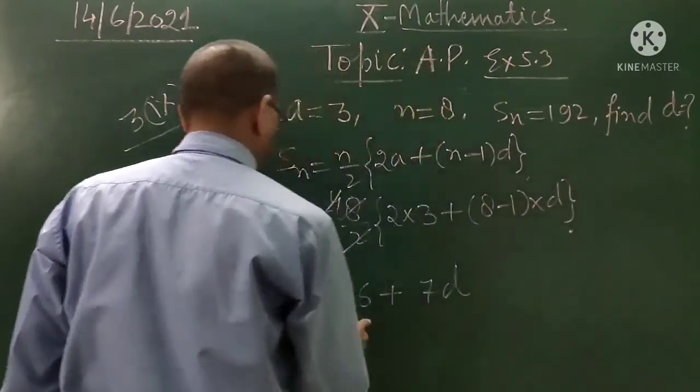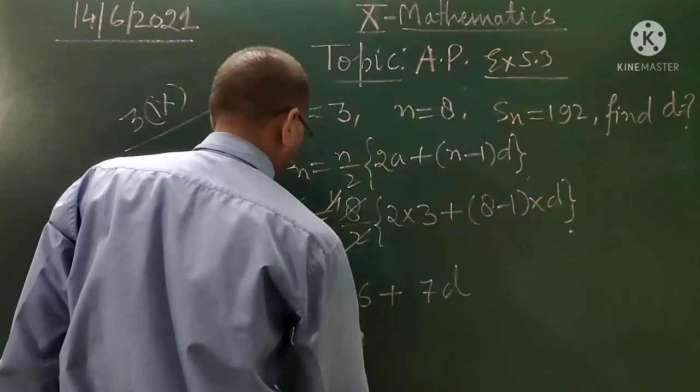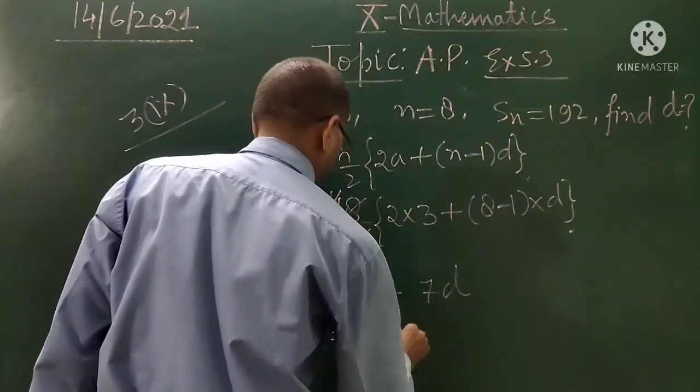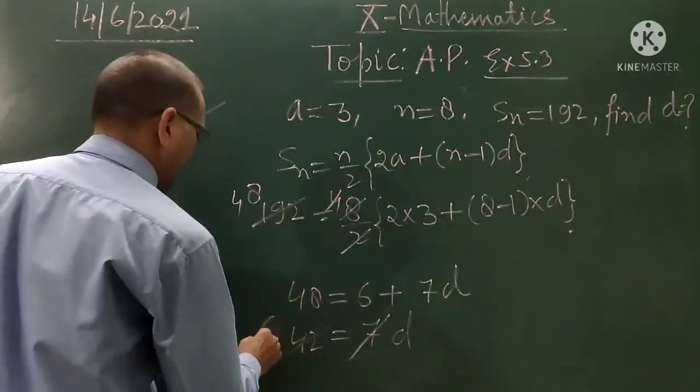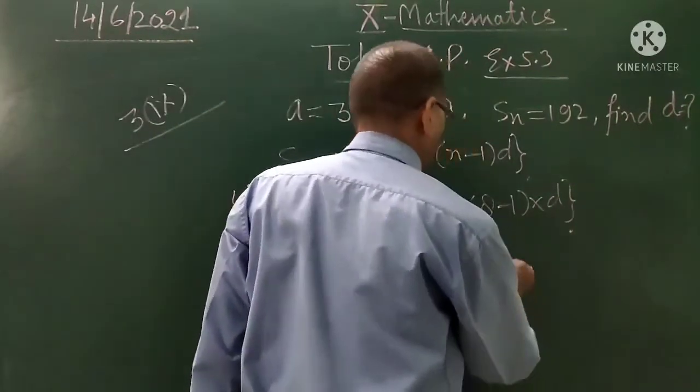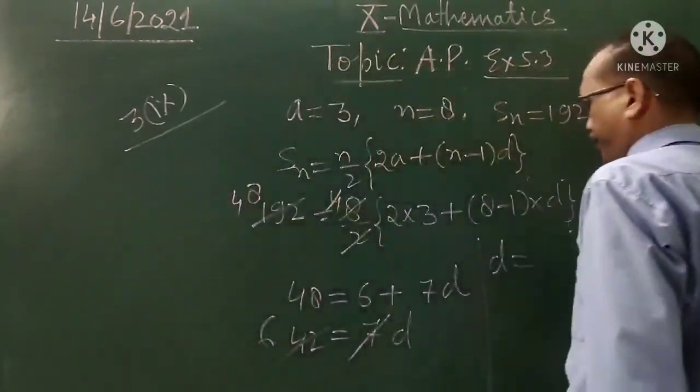Then 42 equal to 7D. 7 6s are 42. Therefore D equal to 6.